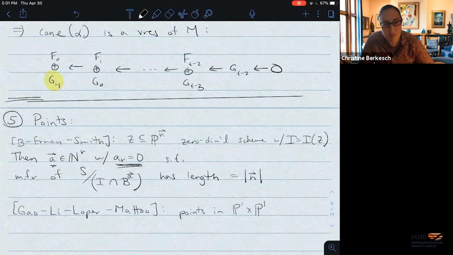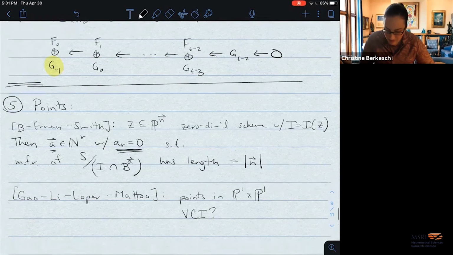But thinking more towards complete intersections. So asking, for instance, when do we have a Koszul complex that resolves our points? And so they have some conditions on the points for when this does happen and when this does not, right? So asking about virtual complete intersection. So there's some sufficient and some necessary conditions in that case that are worked out.